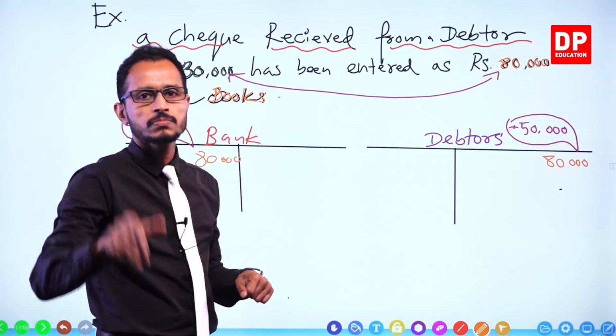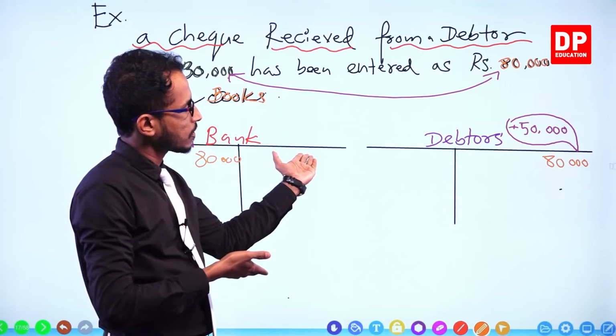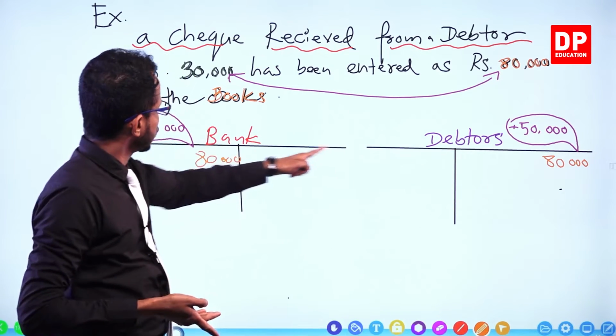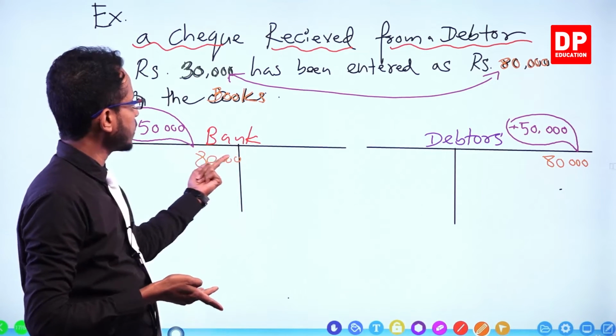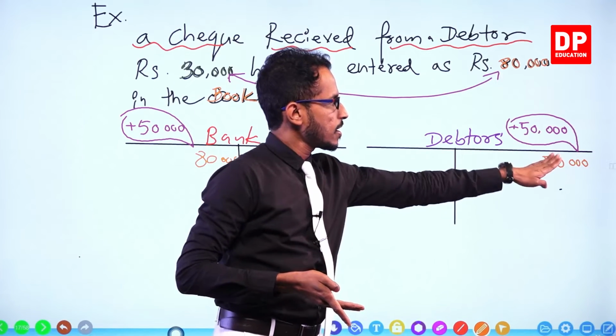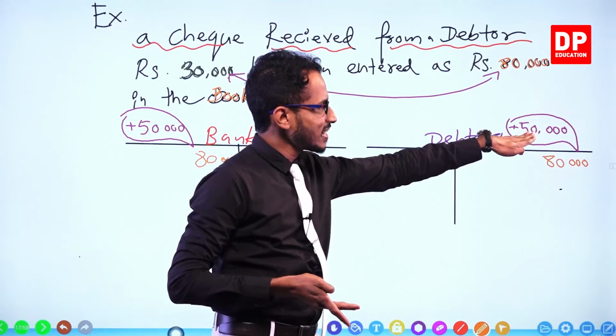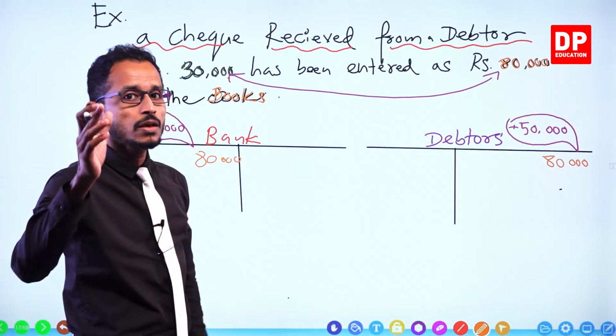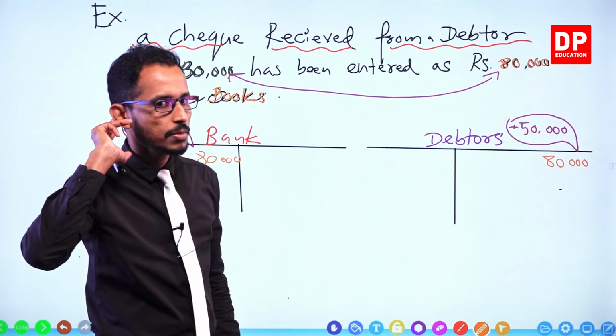You will go wrong. So you do it. 50,000 is excess in the bank account debit side and in the debtor's account credit side. To remove this 50,000, to correct this error, what should you do?